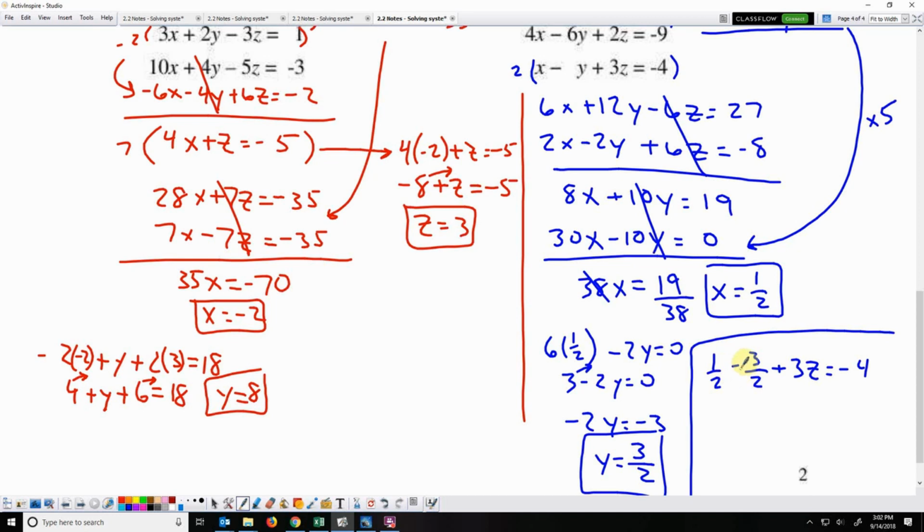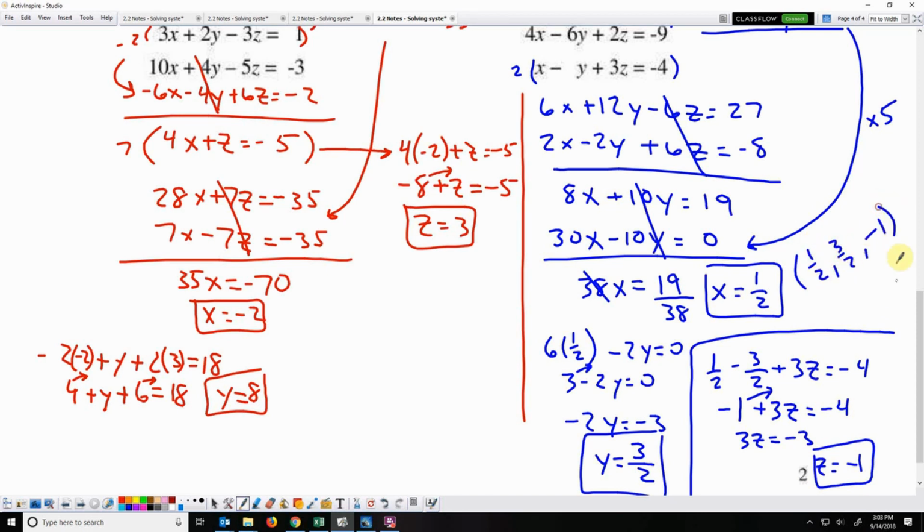Okay, so 1/2 minus 3/2. 1 minus 3 is negative 2, so it's negative 2/2, which is negative 1. So I can add that 1 over and get 3z equals negative 4 plus 1 is negative 3. Divide by 3, and I get z equals negative 1. So these lines intersect at the point 1/2, 3/2, negative 1.